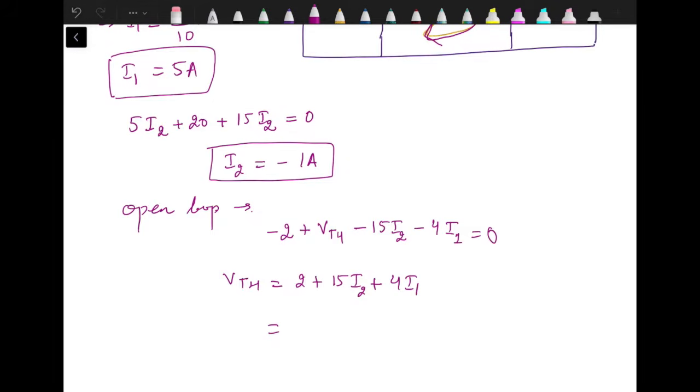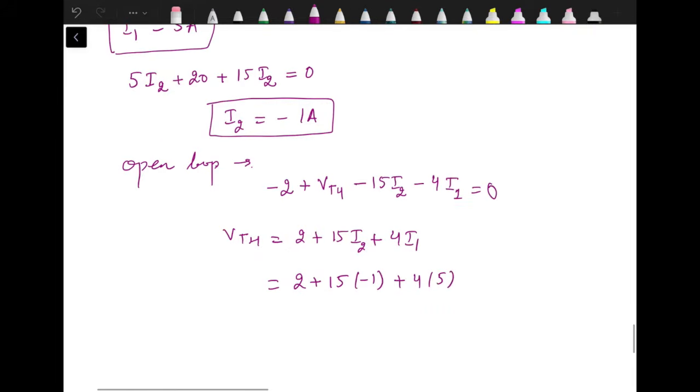Now let's use the values of I1 and I2 which we had already calculated: 2 plus 15 into minus 1 plus 4 into 5. So this will give us the value of VTH as 7 volts.